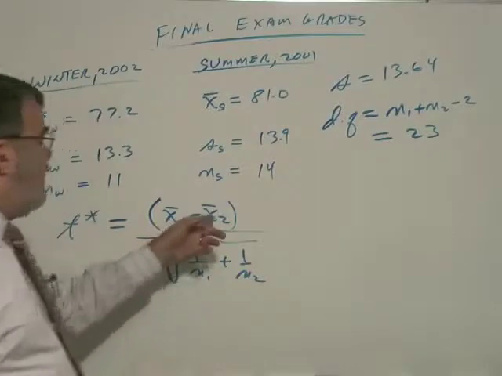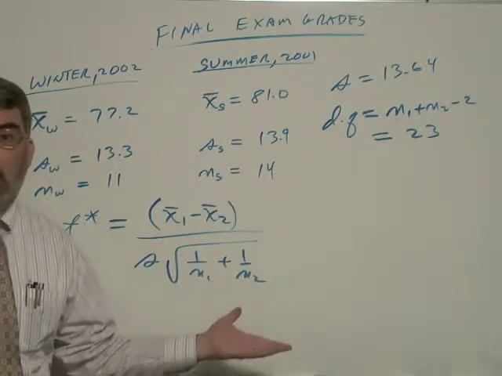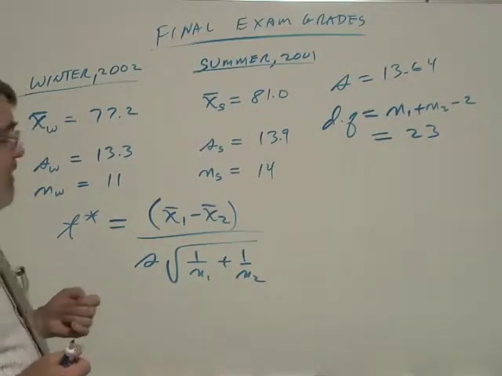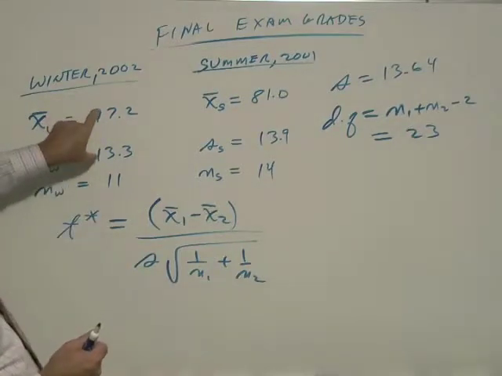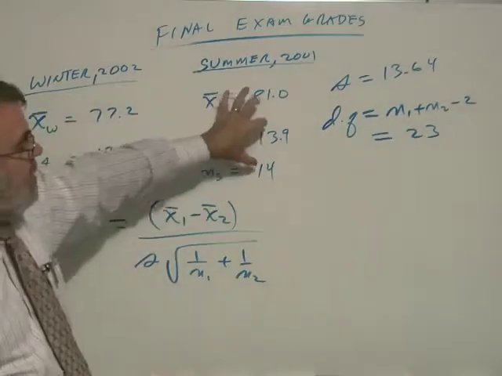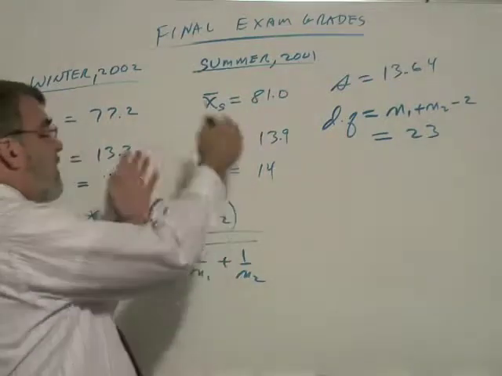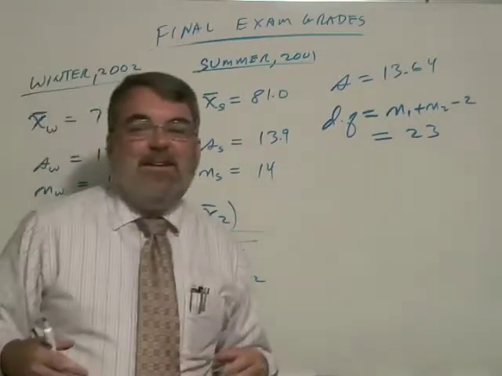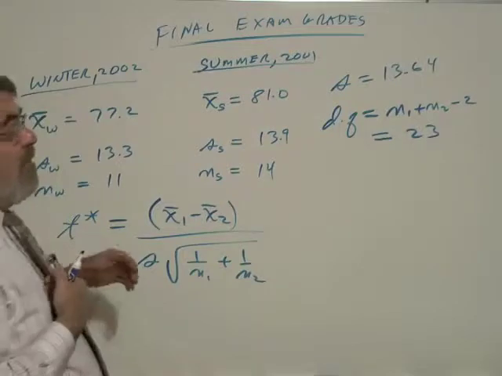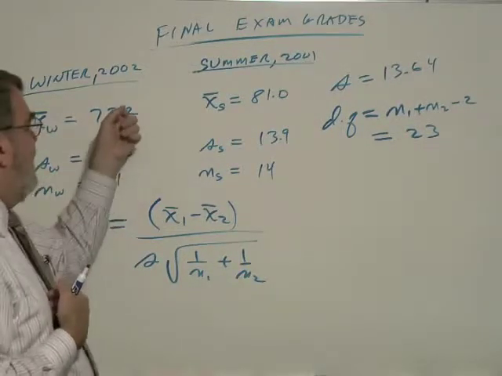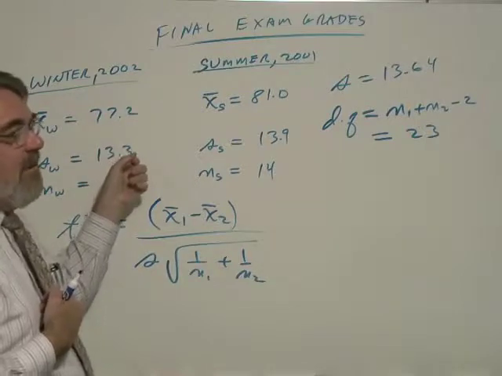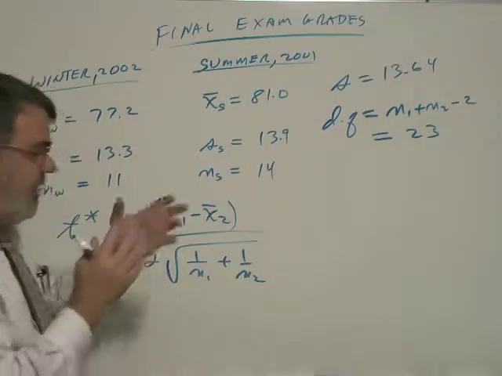Does it matter which one is x1 or x2? No, it doesn't matter. What's important is that in all your calculations, you keep these together and you keep those together. You can't mix those numbers up. You can't, for example, let x bar 1 be this number and s2 be that number. This would be x bar 1 and s1. So don't mix those up.